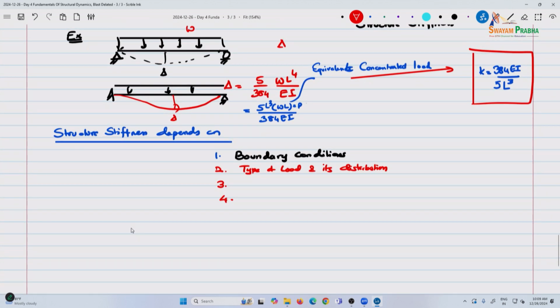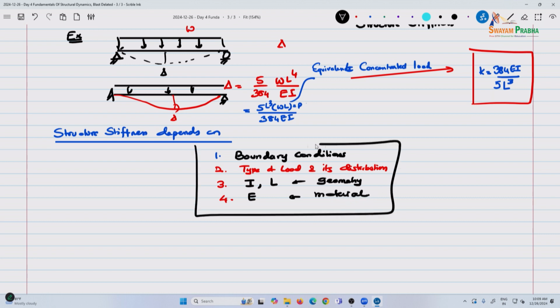Moment of inertia and the shape, so geometry. What else? Length, span. So geometry plays a part, and finally the material properties. So 4 different things affect a structural stiffness.